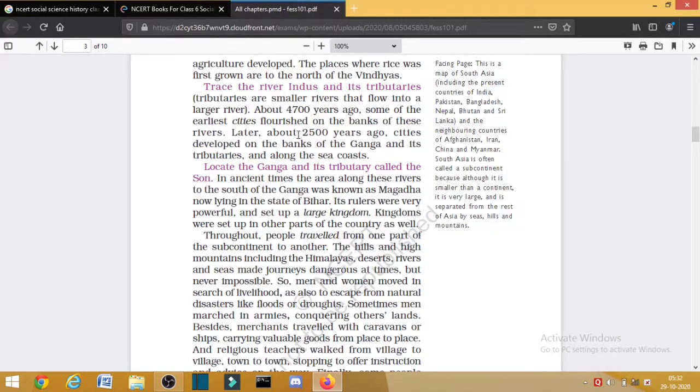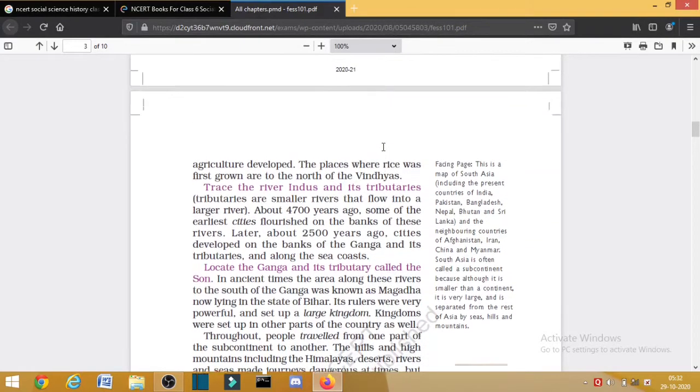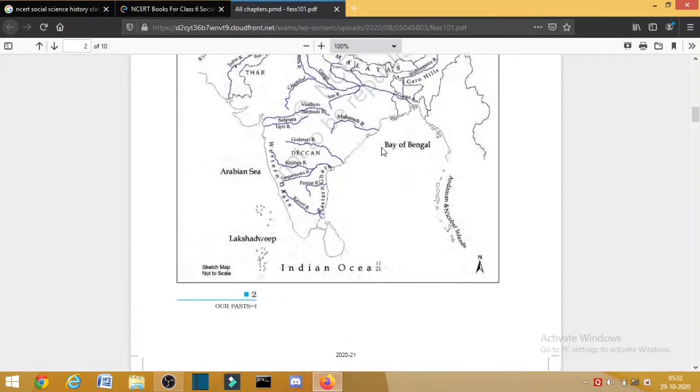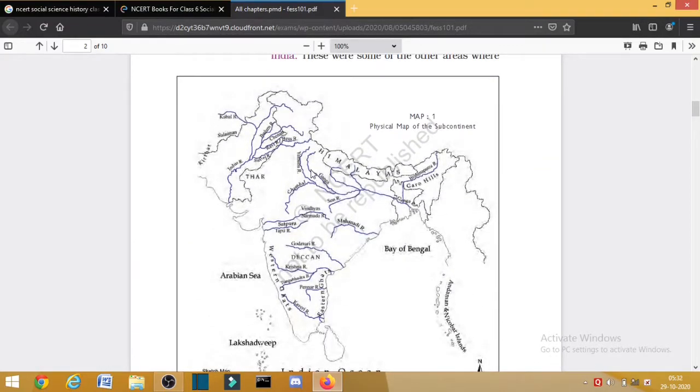Later, about 2500 years ago, cities developed on the banks of the Ganga. Let's see again in the map on page number 2. The Ganga River flows from the Himalaya up to the Bay of Bengal. This is the mouth of the Ganga.